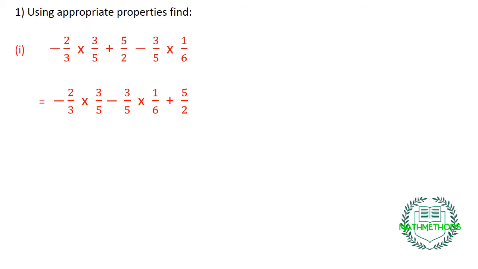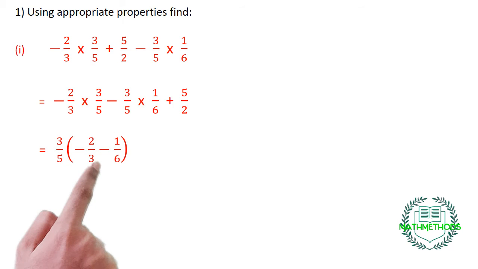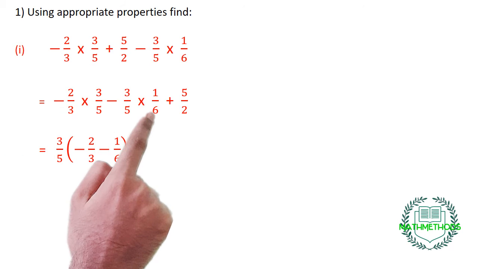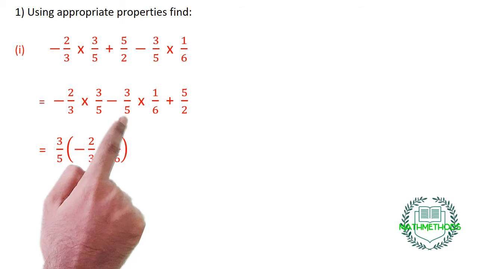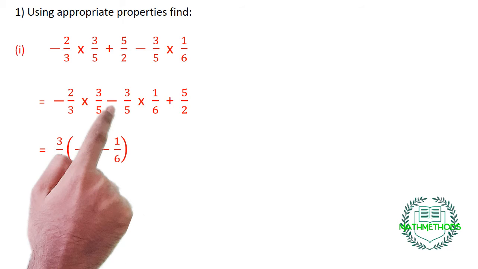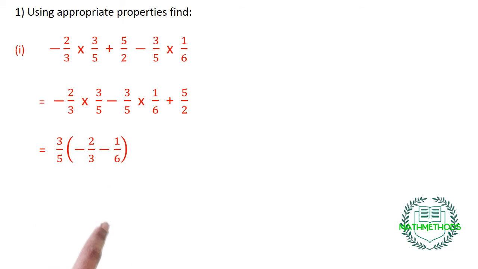So 3 upon 5 and 3 upon 5 will take common, and into bracket we'll get minus 2 upon 3 minus 1 upon 6. When we have taken this 3 upon 5 as common here, its minus sign will go to this 1 upon 6. That's why minus 1 upon 6 plus 5 upon 2.